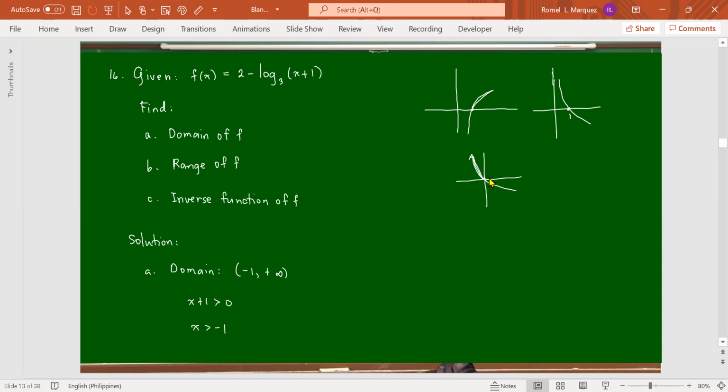So that's the graph. But we have to add 2. So the range, therefore, is given by negative infinity to positive infinity.